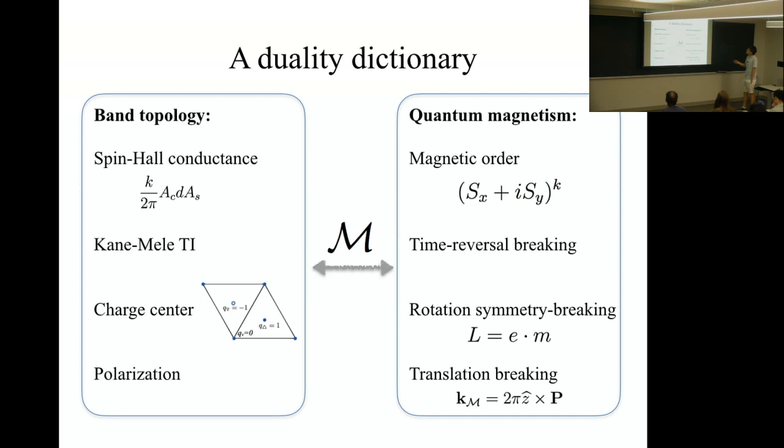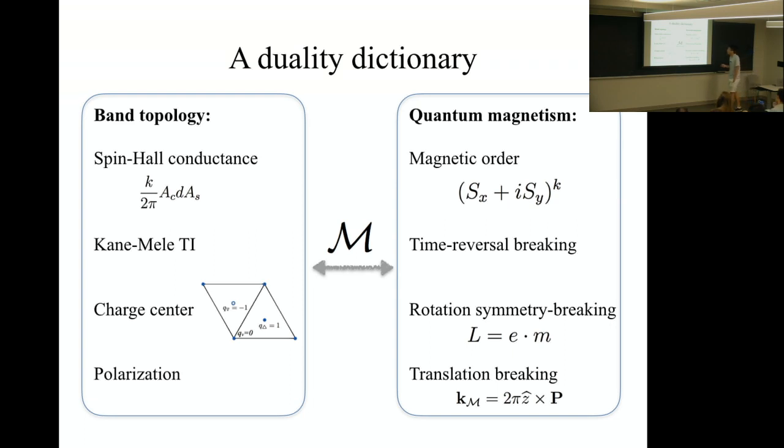That becomes some symmetry breaking order in a quantum magnetic system. Okay? And the detailed correspondence is that if I have a spin Hall conductance, I end up with a magnetic order. If I have a Kane-Mele type of strong TI, I end up with time reversal symmetry breaking.